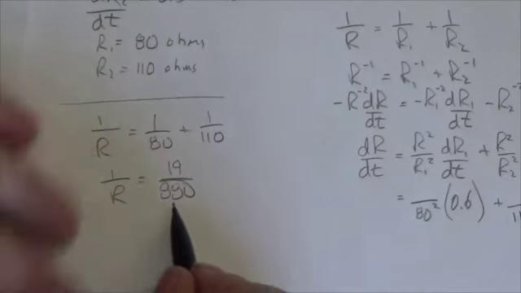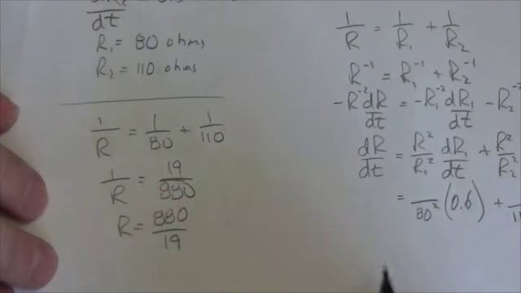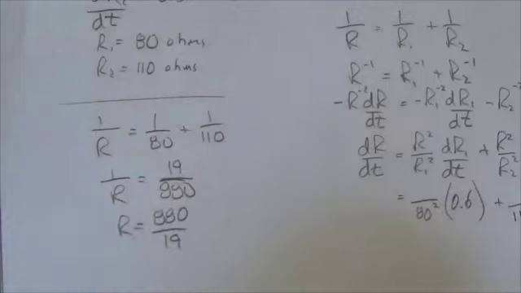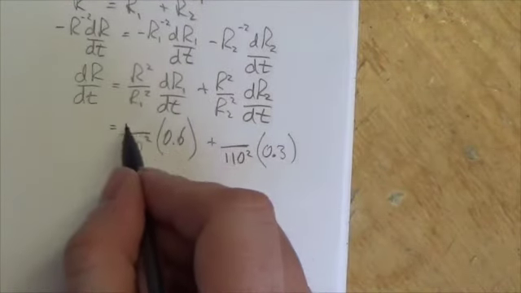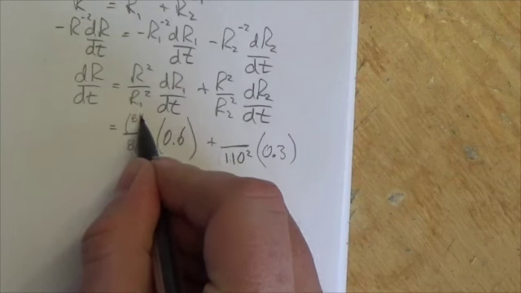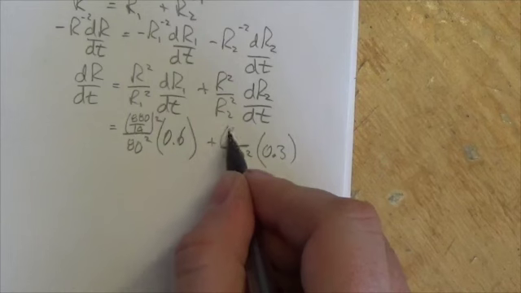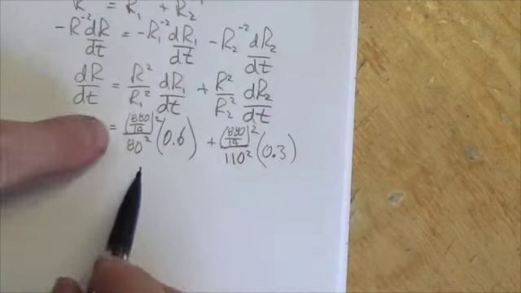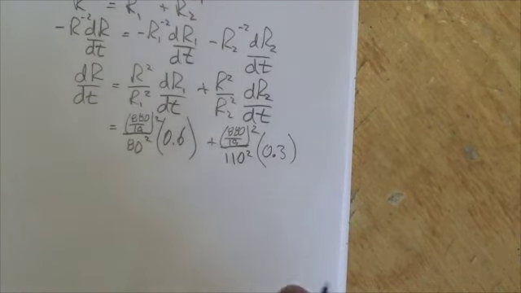So if I reciprocate the left-hand side, I've got to reciprocate the right-hand side. R is going to equal 880 over 19 ohms. That's the overall resistance I'm looking for. So now I'm going to plug that in. This is going to end up being 880 over 19 squared, over 80 squared, and 880 over 19 squared, over 110 squared.